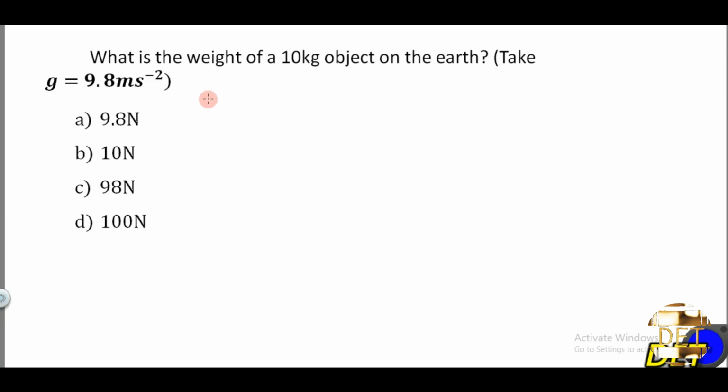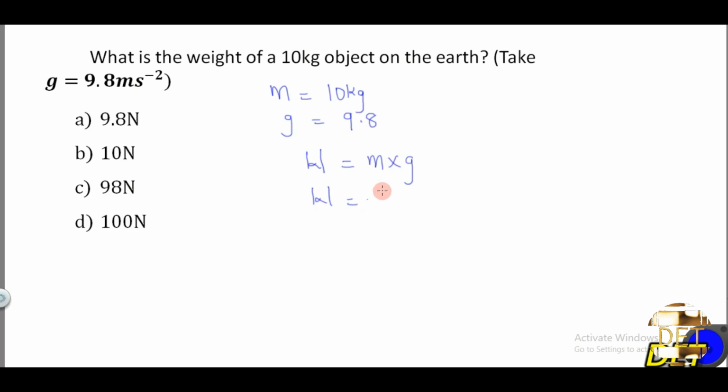So let's look at this other question that is here. What is the weight of a 10 kg object on the earth? Take acceleration due to gravity to be 9.8 meters per second square. So we have the mass to be what? 10 kg, and we have acceleration due to gravity to be what? 9.8. So the weight of the body is equal to the mass times acceleration due to gravity.